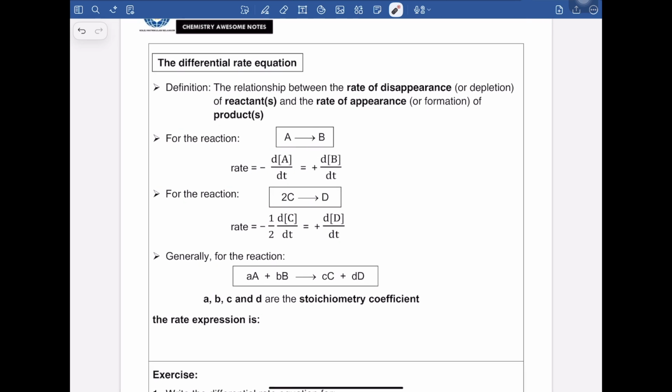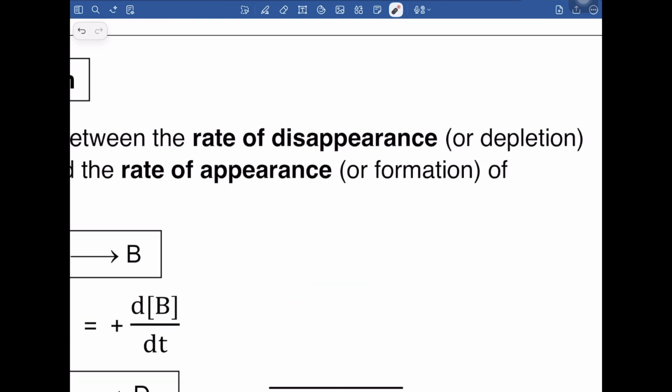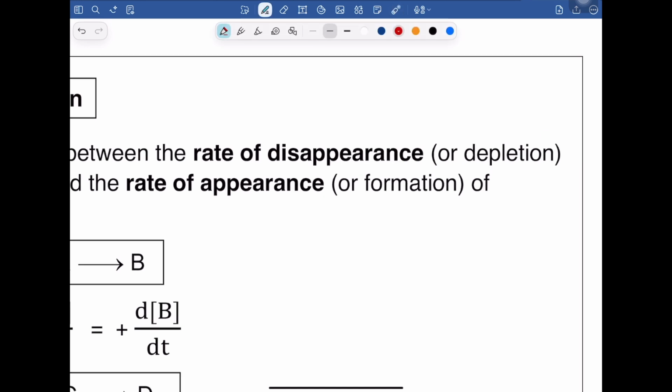Usually for the differential rate equation, we want to find how much is the rate of disappearance and the rate of appearance. If you don't really understand the term rate of disappearance, disappearance means menghilang, which means it decreases. So usually this is related with reactant.